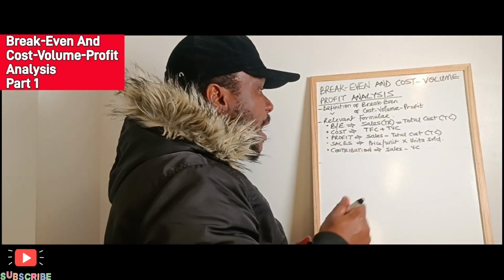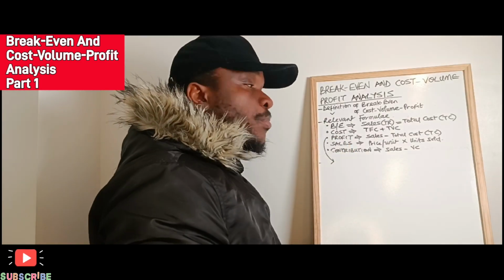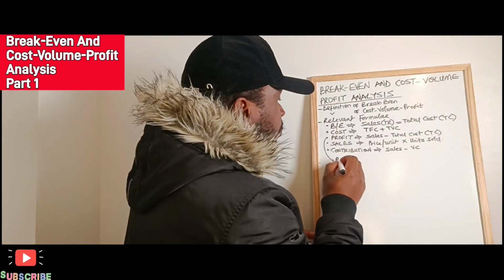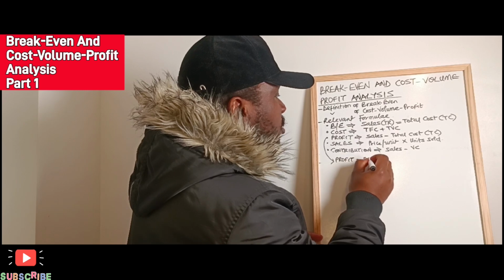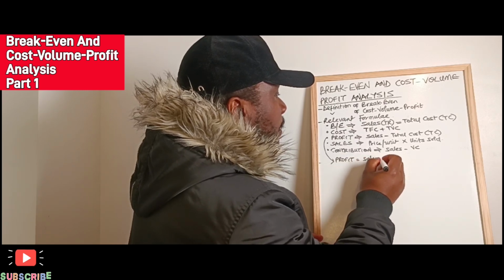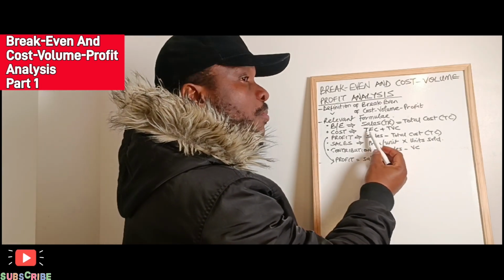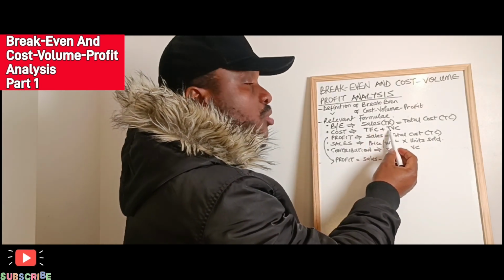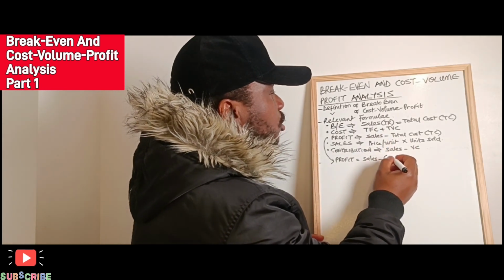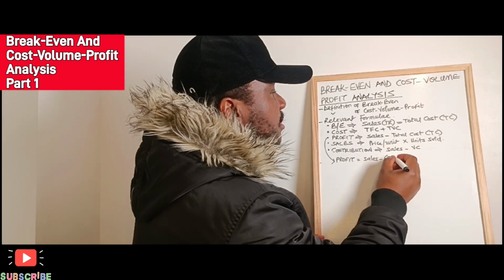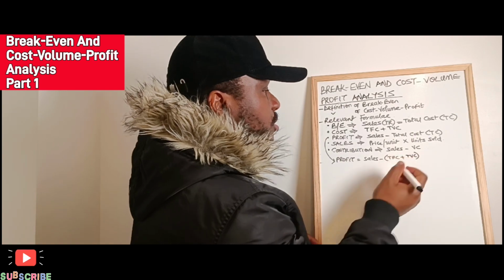I want to rewrite it: profit is equal to sales minus, we have total cost to be what? Total fixed cost plus total variable cost. So I will say bracket open, total fixed cost plus total variable cost.